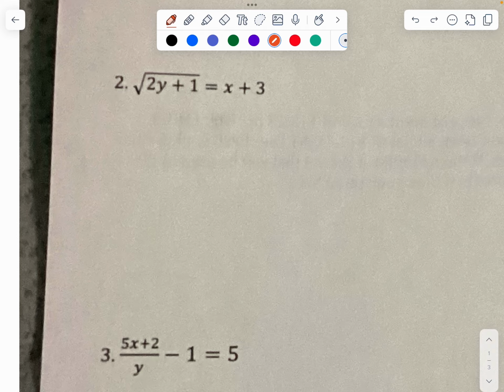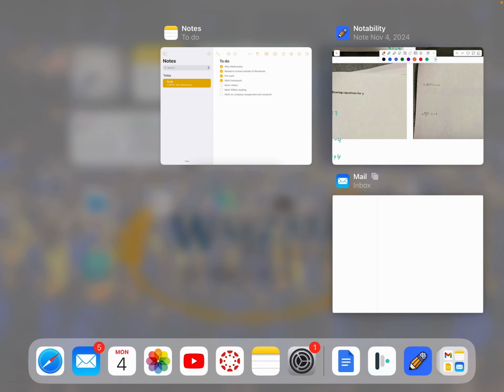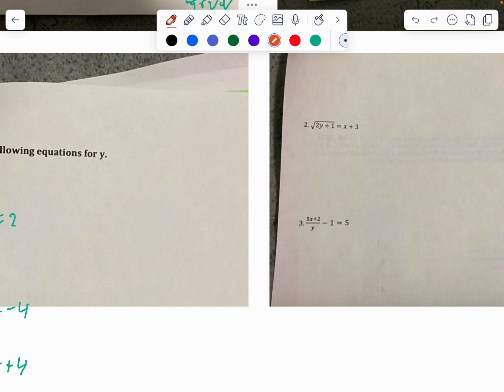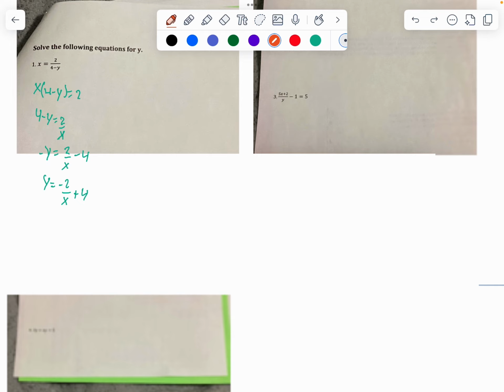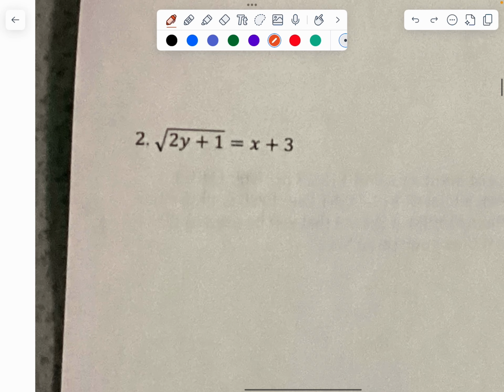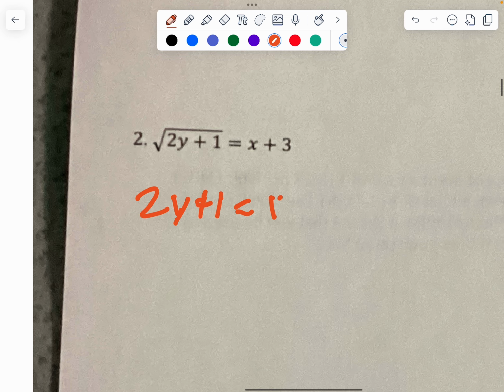Solve for y, I'm assuming. Yep. First, you're going to square both sides. You get 2y plus 1 equals x squared plus 6x plus 9.